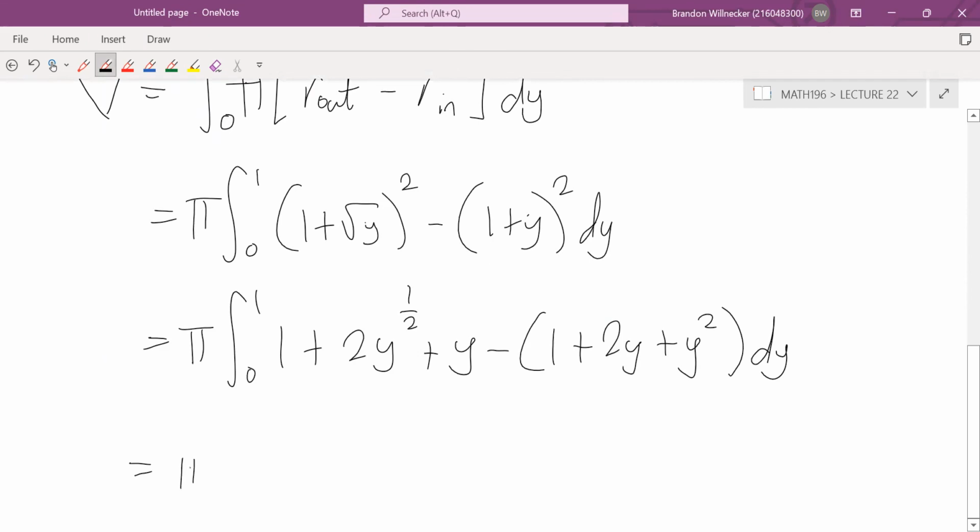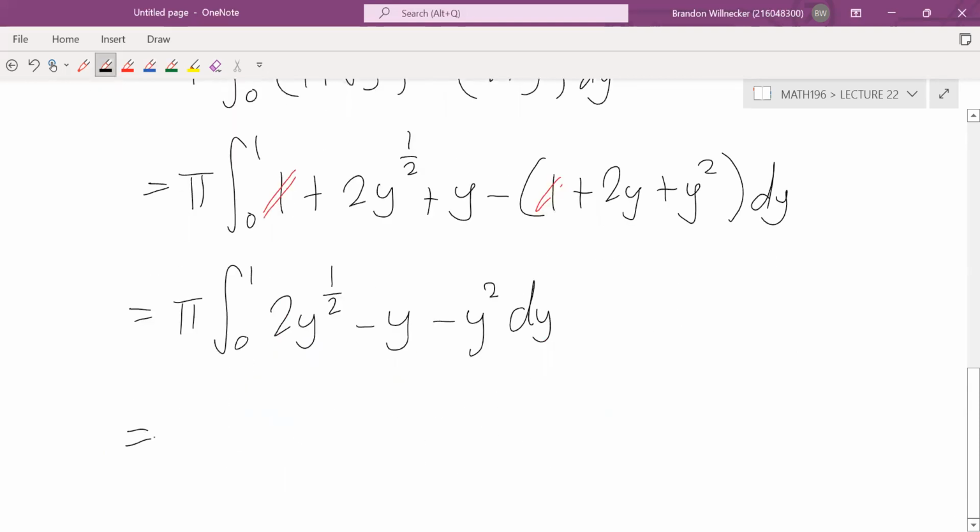Okay, so let's just simplify that out. We have pi integral from 0 to 1. 1 minus 1, that's going to cancel out. Then we're going to have 2y to the half, plus y minus 2y, that's going to be minus y, and then minus y squared dy.